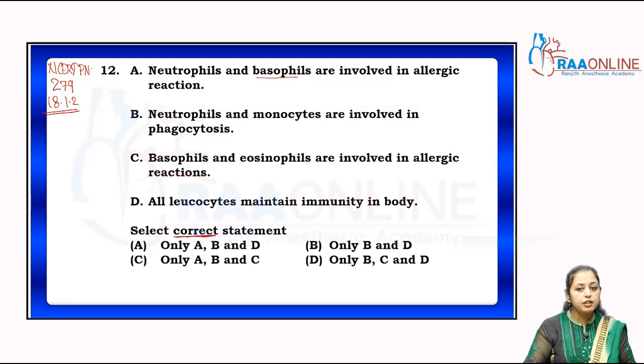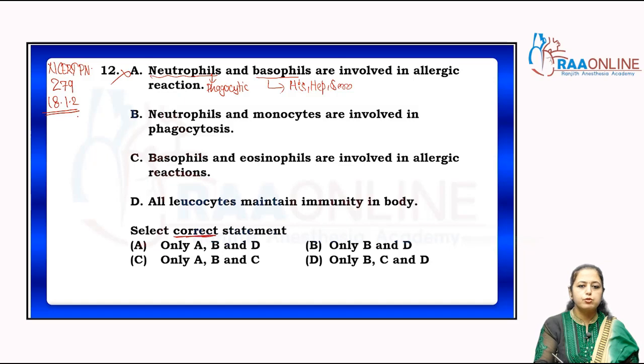Basophil is involved in allergic reaction because it acts as a mast cell and secretes histamine, heparin and serotonin. But neutrophil acts as a phagocytic cell, so it does not participate in the allergic reaction. So the first statement is wrong.